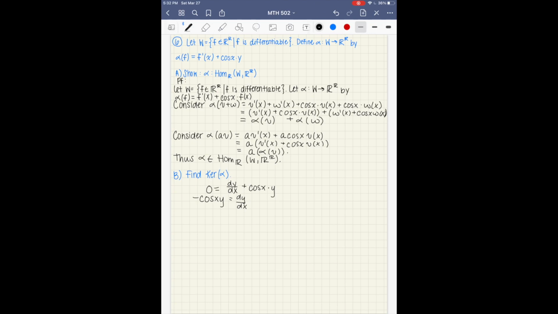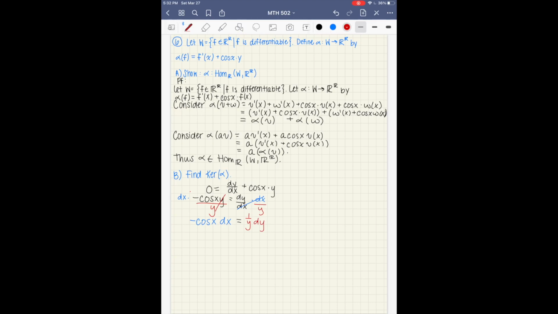So now I want to get all of my x's on one side and all of my y's on the other. So I'm going to multiply by dx on both sides. These will cancel. And I'm going to divide by y on both sides, and these will cancel. So I get negative cosine of x dx equals 1 over y dy.